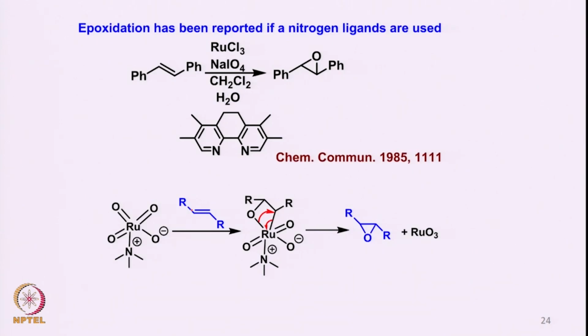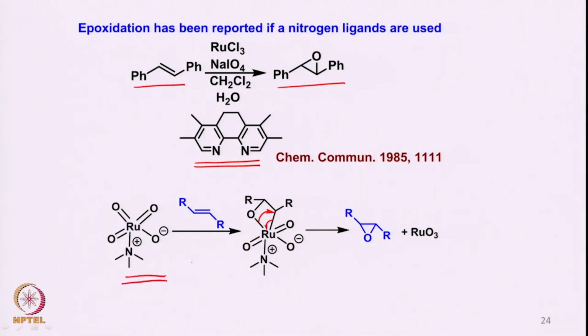It is also observed that if one uses a nitrogen ligand of this type, we can convert an olefin to the corresponding epoxide, which is an interesting reaction, because the lone pair of electrons on the nitrogen will react with the ruthenium tetroxide to form this species.